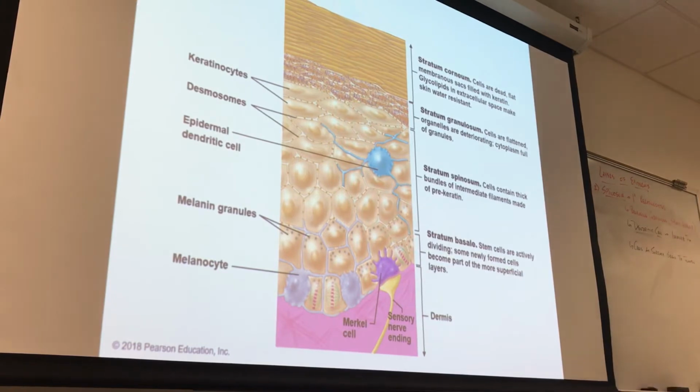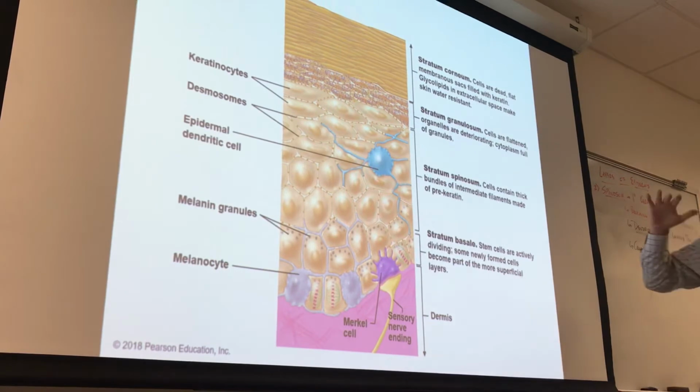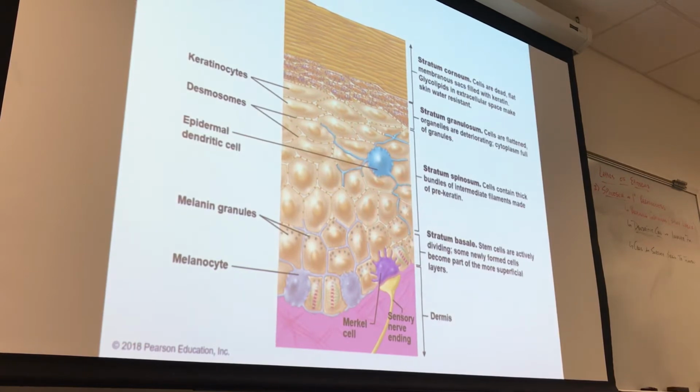And why do you think these cells are beginning to flatten? They're dying. Why are they dying? We want them to die. So don't say because we want them to, because while that is true, that's not the best answer. Why are these cells beginning to flatten?